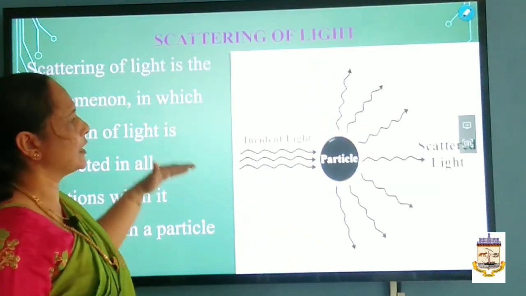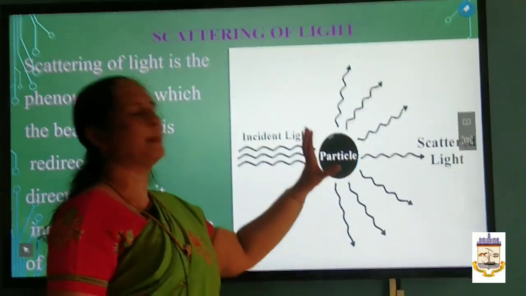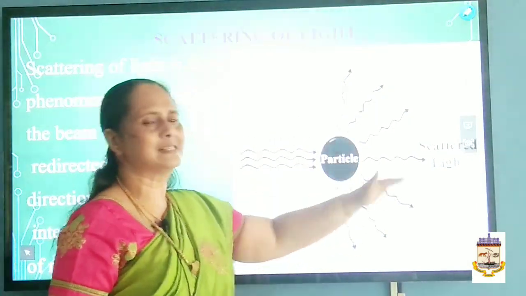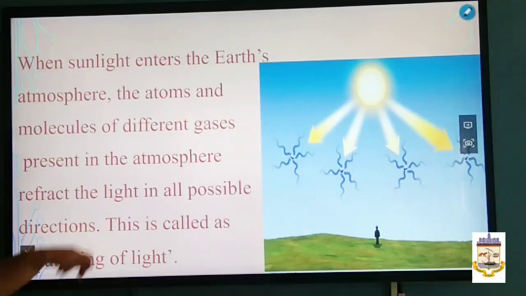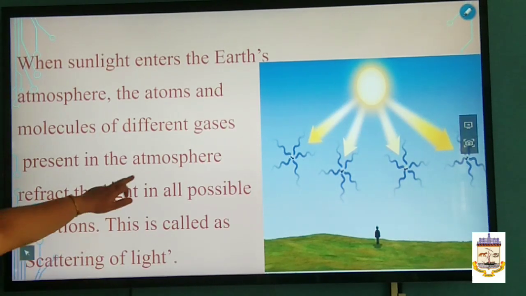So, when the incident ray falls on any particle and interacts with the particle of the medium, it gets deviated. That is known as the scattering of light. See how the scattering of light takes place in the atmosphere.